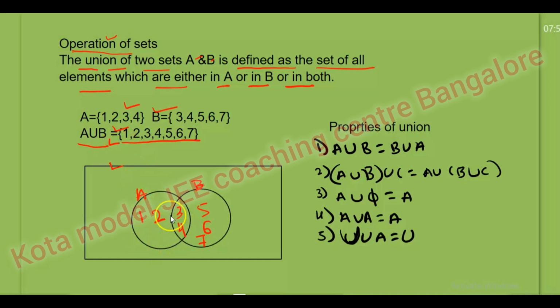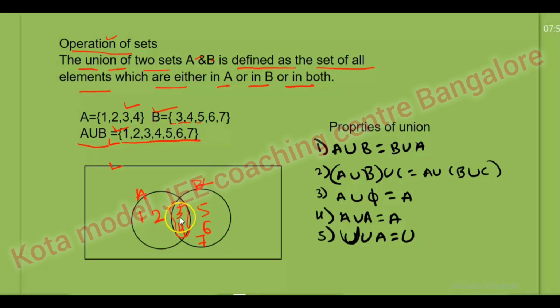All 4 elements are written in the first circle, and the set B contains 3, 4, 5, 6 and 7, a total of 5 elements. The 5 elements are written in the second circle, but the main thing here is that 3 and 4 are common to both A and B. That is why 3 and 4 are in the overlap.